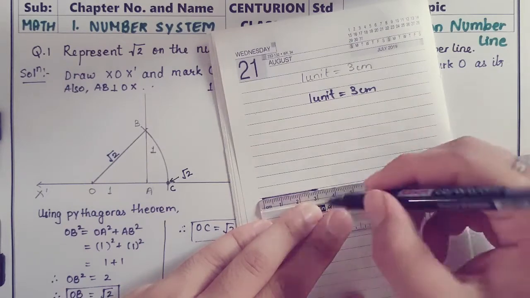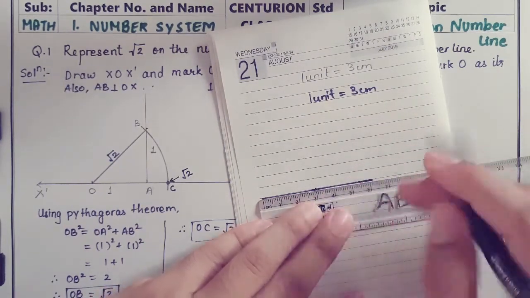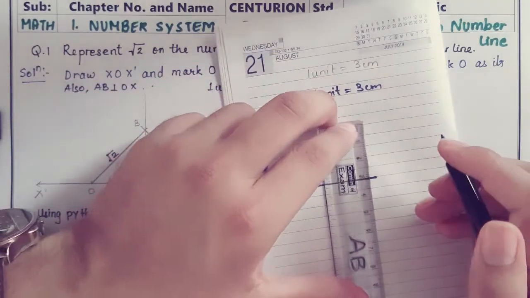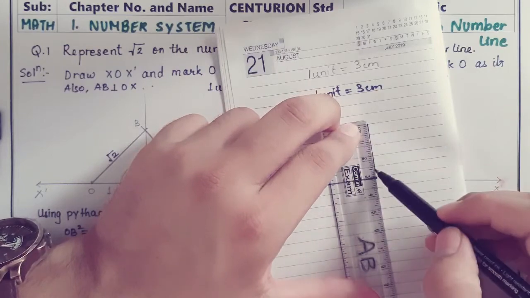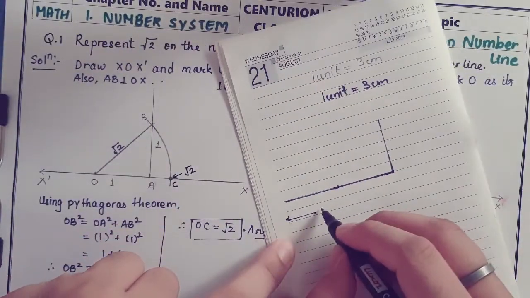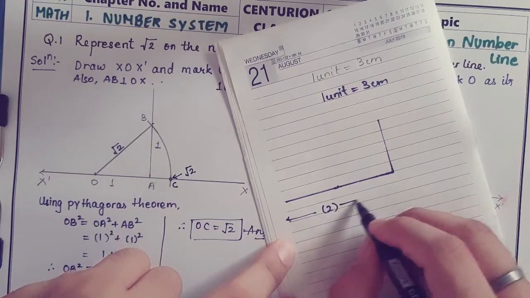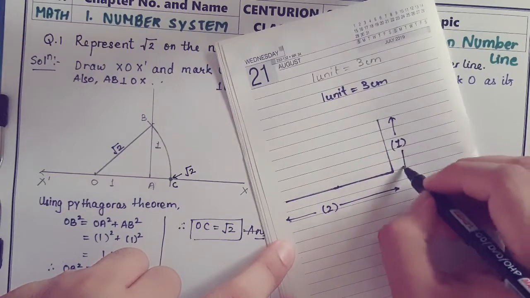This is 1 unit and this is the second unit. I'll put a mark over here, and in the same way I'm going to take 1 unit over here. I'll tell you why I'm doing this. This is total 2 units, and this is total 1 unit.